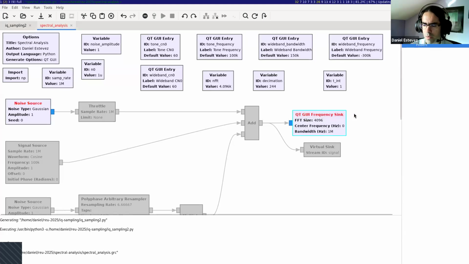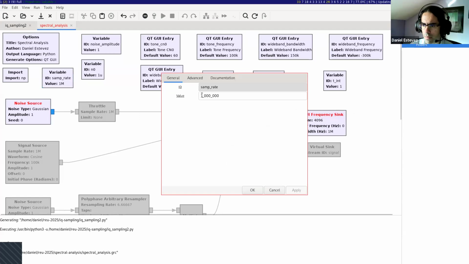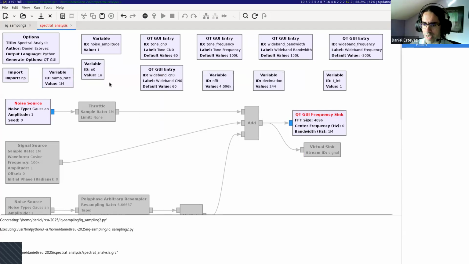So, frequency sink. We want to look at the spectrum of signals. That is the whole point of this tutorial, and we know we can do that with the frequency sink. A relevant parameter is the sampling rate; I'm using 1 million samples per second, which gives me 1 megahertz of spectrum. That is reasonable for a simulation.